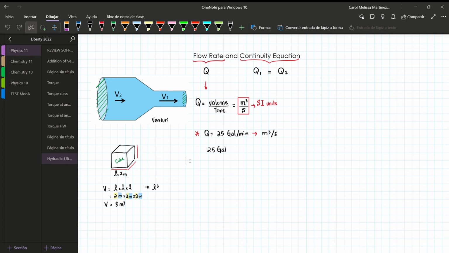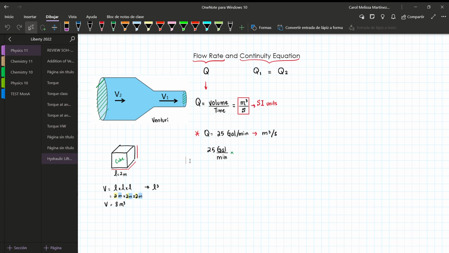Remember that I always recommend writing ratios in the form of a fraction. So gallons is going to be in the top and minutes are going to be in the bottom. You need to know conversions for volume. Now, what conversions are we going to need? I'm going to write just the most important ones, okay?